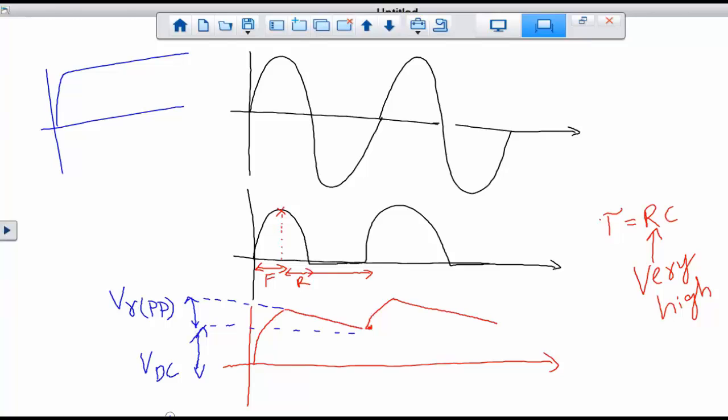So that's the behavior if you add a capacitor to the circuit.